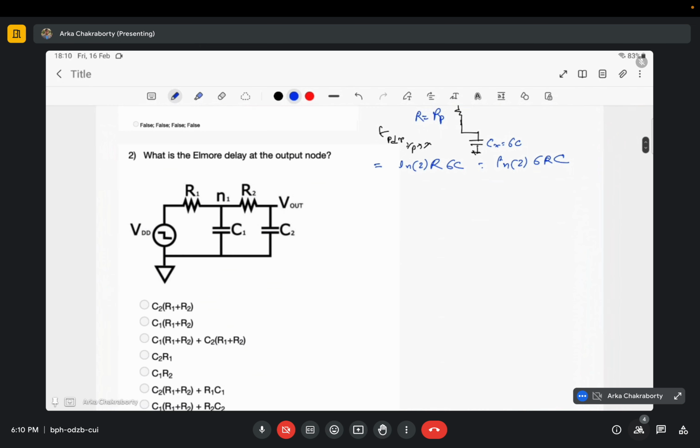Now the next question is, what is the Elmore delay at the output node? It's a very simple circuit. Let's look into a little bit more complicated circuit.